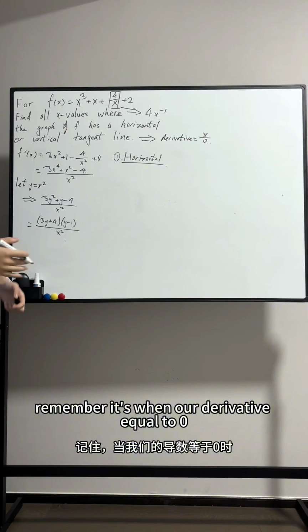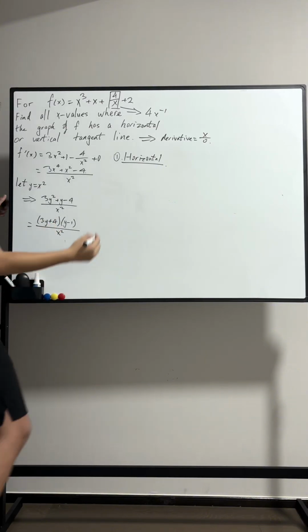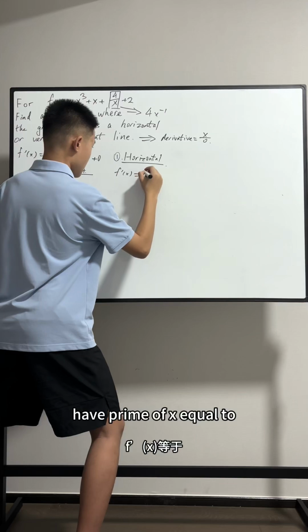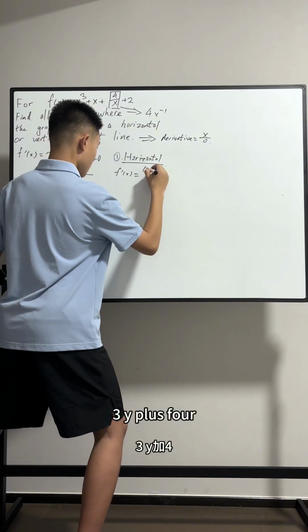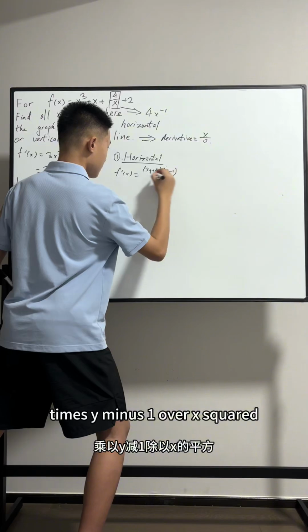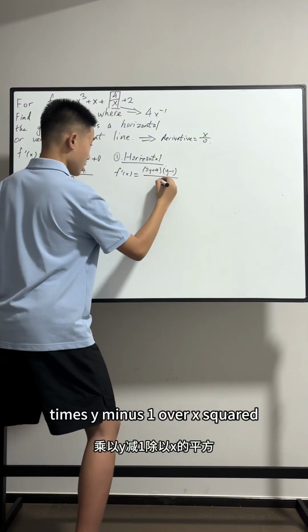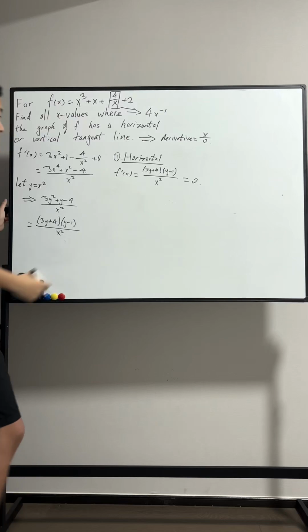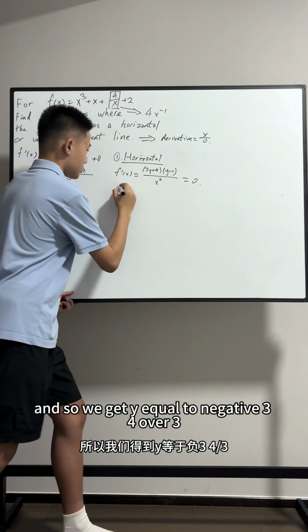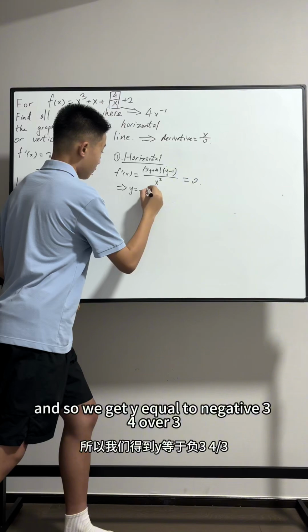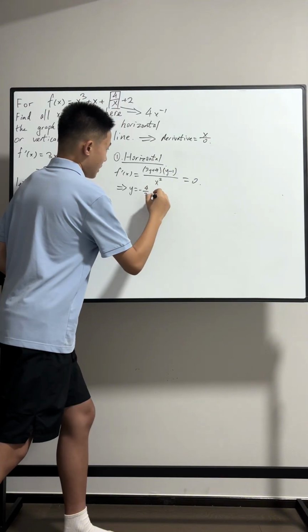Remember, it's when our derivative is equal to 0, which means f prime of x equal to 3y plus 4 times y minus 1 over x squared needs to equal 0. And so we get y equal to negative 4 over 3 and 1.